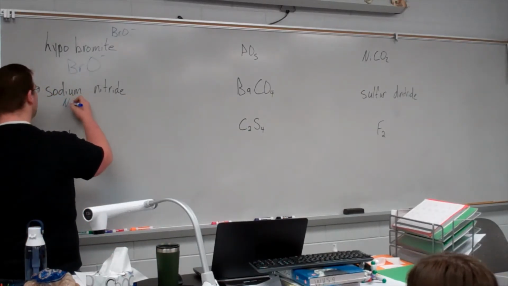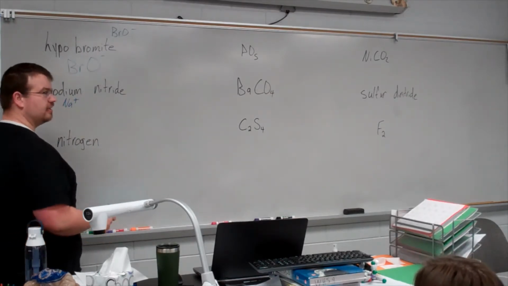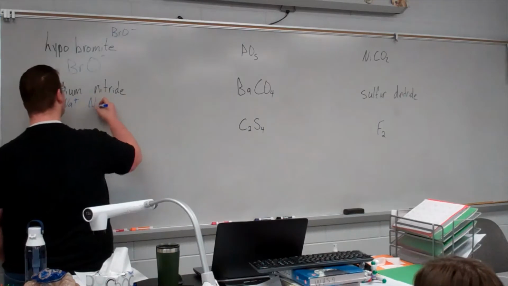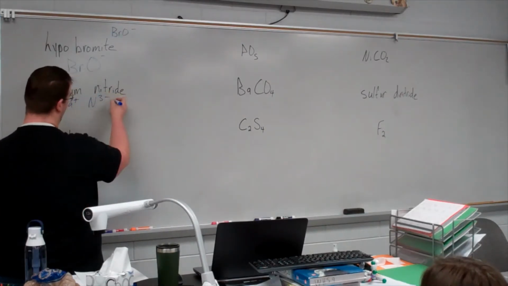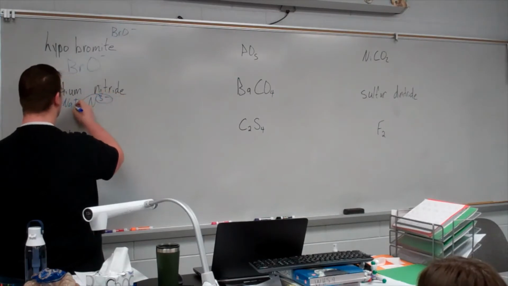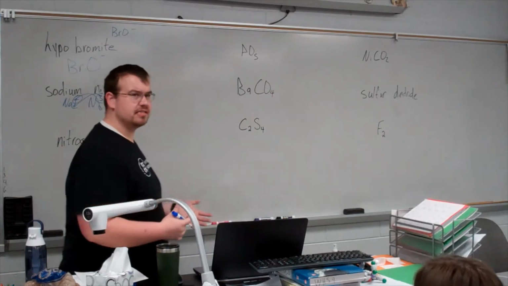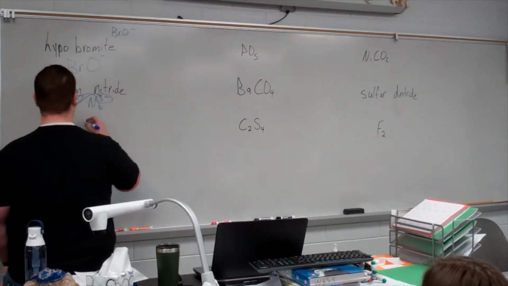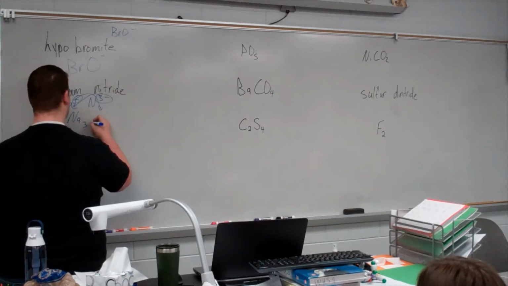Sodium's Na with a +1 charge. Nitride comes from nitrogen, which is N, and it comes from the 15th column, which means a 3 negative charge. So now we cross these charges over because it is not a 1-to-1 ratio. If it's a 1-to-1 ratio, it just literally simplifies out. So we have Na3N.